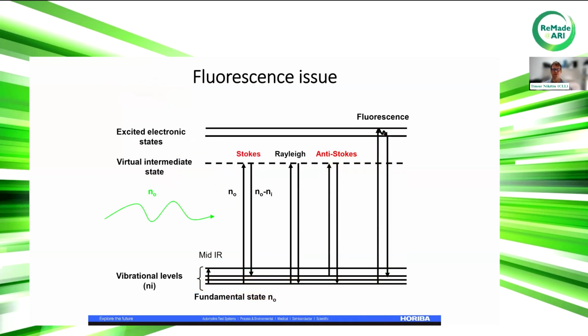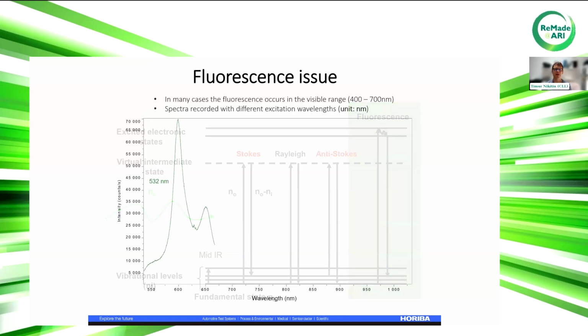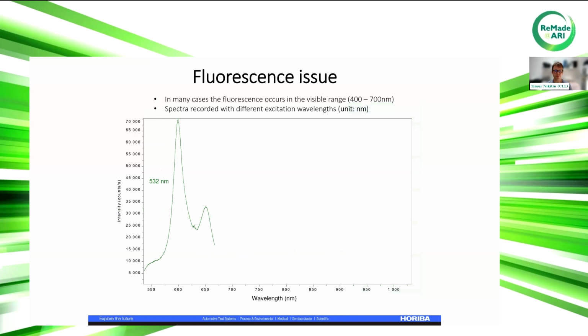So let's come back to this fluorescence issue that I mentioned. As I said, for some samples, fluorescent samples, it can hide the Raman signal. It's because since we are using visible laser light, it will, of course, excite fluorescent samples. And what happens is it can block completely the Raman signal.